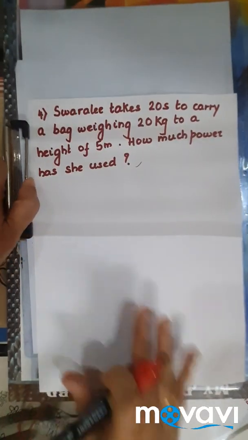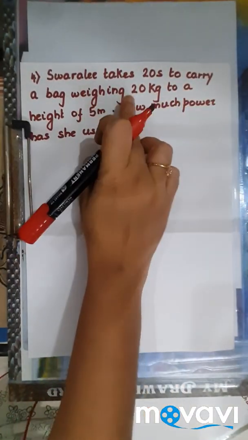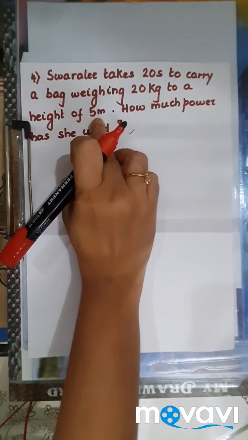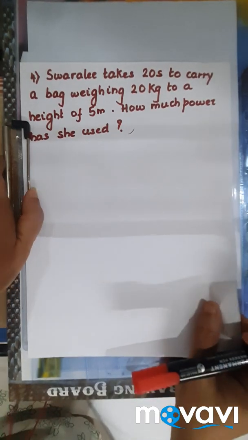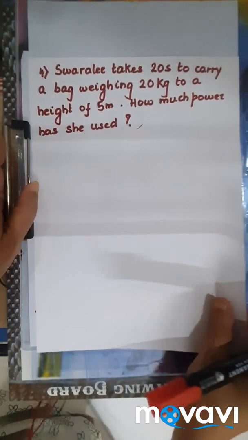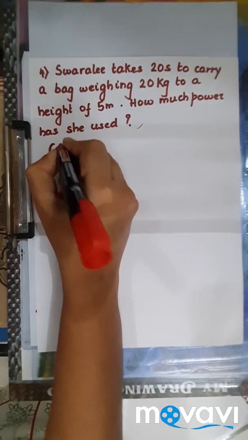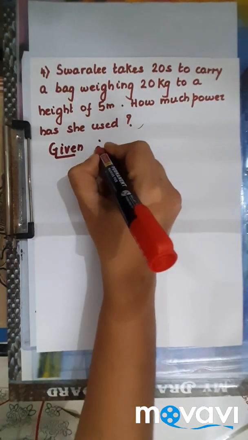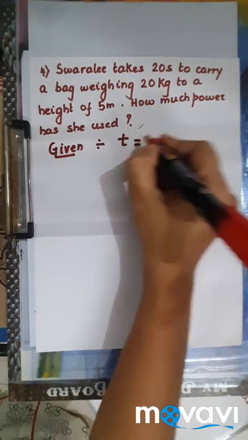Now, the next question. Swarali takes 20 seconds to carry a bag weighing 20 kg to a height of 5 meter. How much power has she used? Okay, so let's see what is given to us. It is given that Swarali takes 20 seconds. So seconds means time.